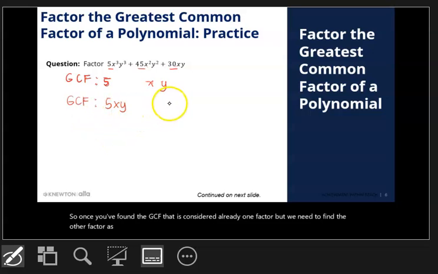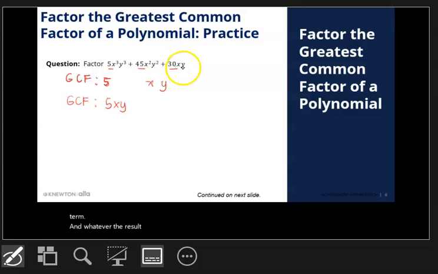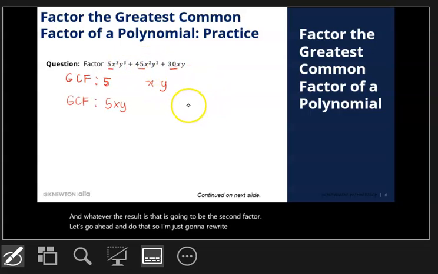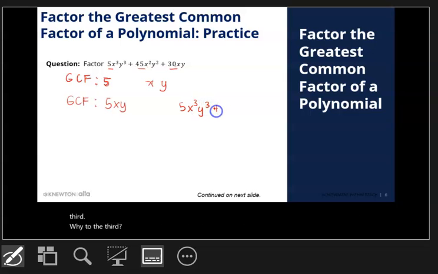To find the other factor, we're going to use the GCF to divide each term. And whatever the result is, that is going to be the second factor. Let's go ahead and do that. I'm just going to rewrite our original polynomial, which is 5x to the third, y to the third, plus 45x squared, y squared, plus 30xy.